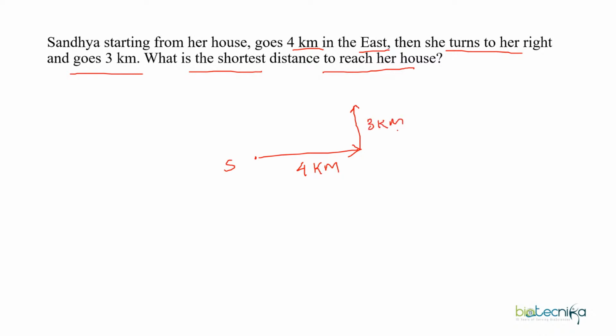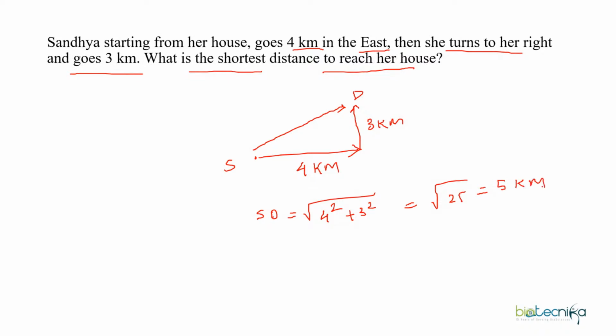What is the shortest distance? Suppose this is D. So SD will be equal to root under 4 square plus 3 square, that is root under 25, which is 5 kilometers.